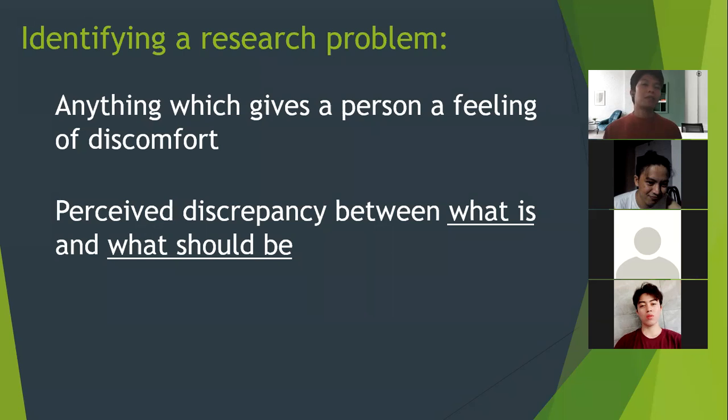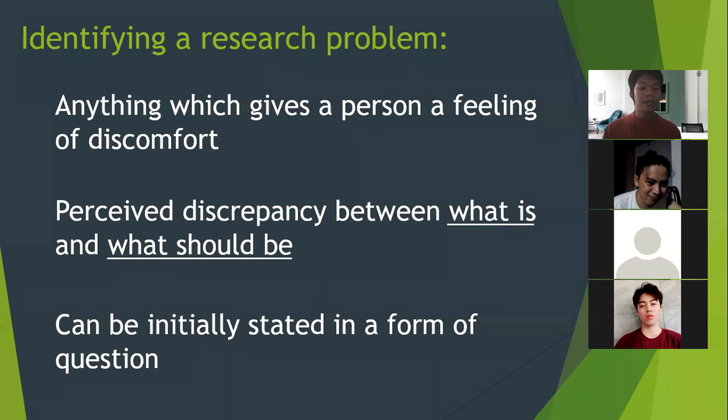When we say discrepancy, it means a significant difference in things that are supposed to be the same, or something that is not equal or gives different notions. It can be initially stated in the form of a question. So when we say research problem, it sets out the rationale, which will be the basis of your research.